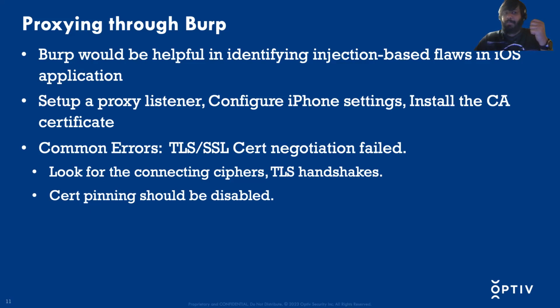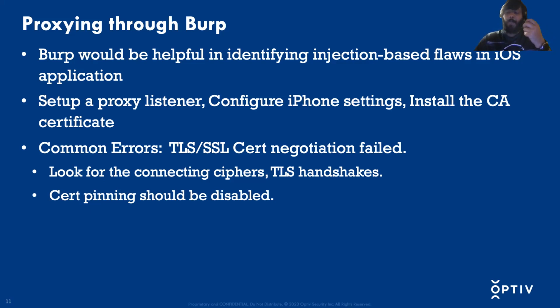To set up a proxy, it is really easy. You just need to install the Burp certificate on your iPhone, and then configure your proxy on a specific port, and you can then start intercepting the requests and responses.